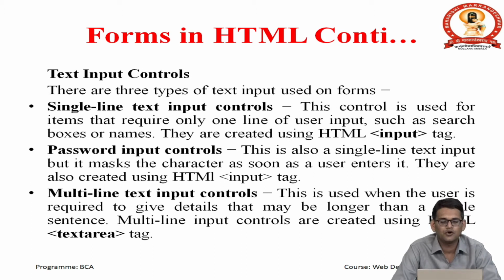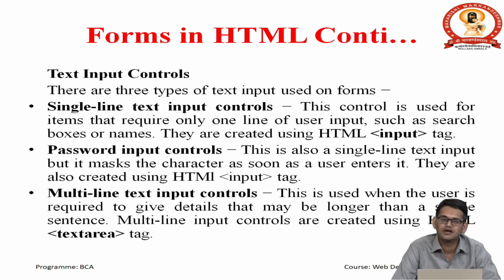Now input controls. Basically, the single line input control is used for items that require only one line of user input. As I already told you, for first name, last name, email address, only one line is required. For those cases we can use the single line input control. Next one is the password input control.